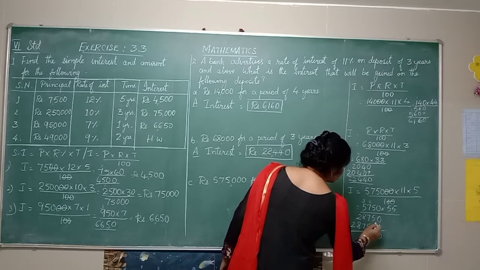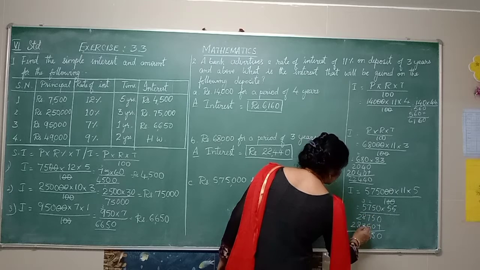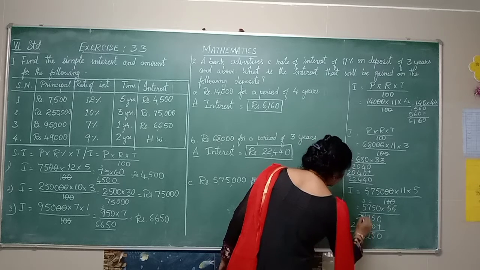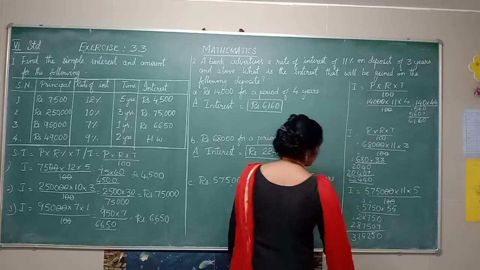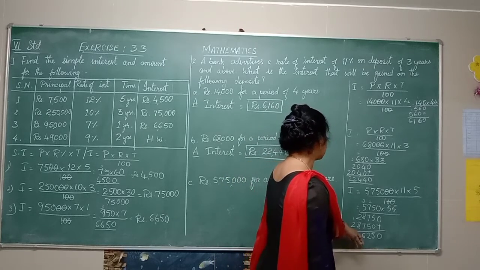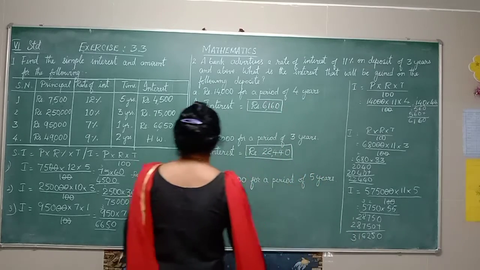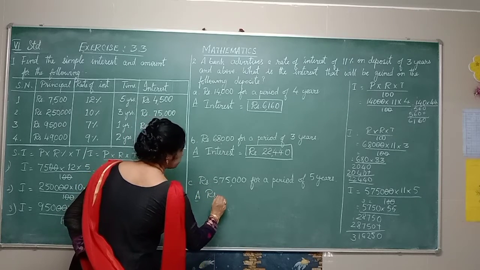0 plus 0, 5 plus 0 is 5. 7 plus 5, 12. Carry 1. 8 plus 1, 9. 9 plus 7, 16. Carry 1. 1 plus 2, 3. 3 plus 8, 11. Carry 1. 1 plus 2 is 3. So the answer here is 3,16,250 rupees.